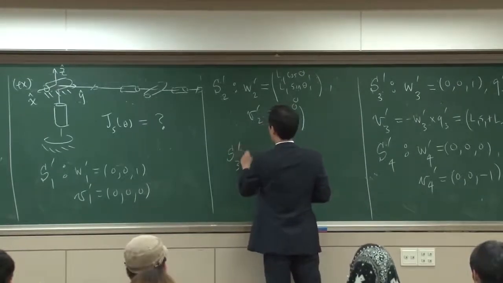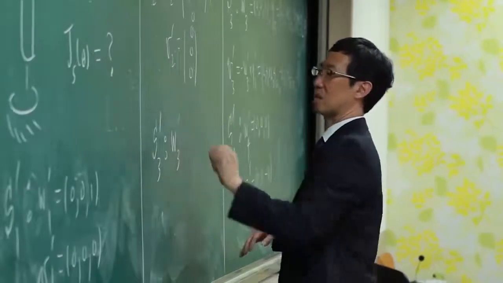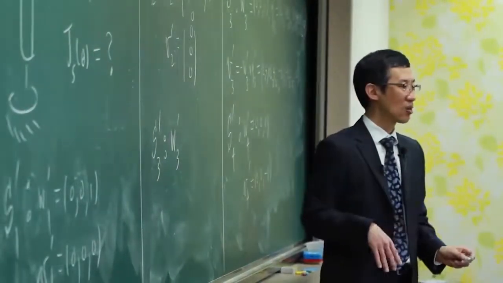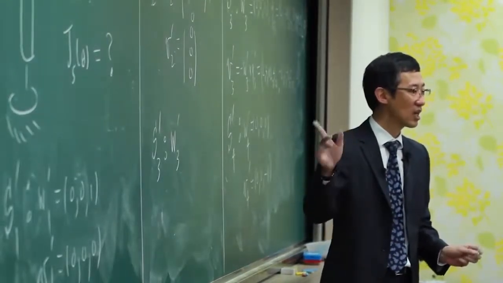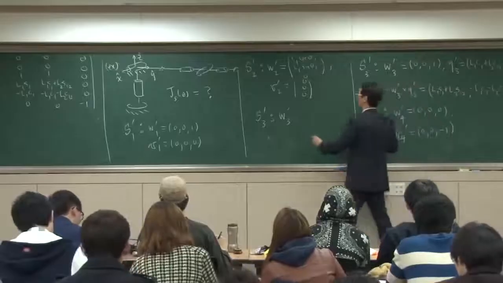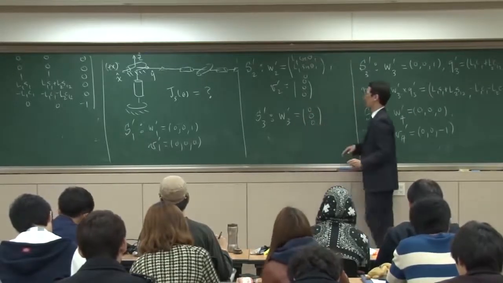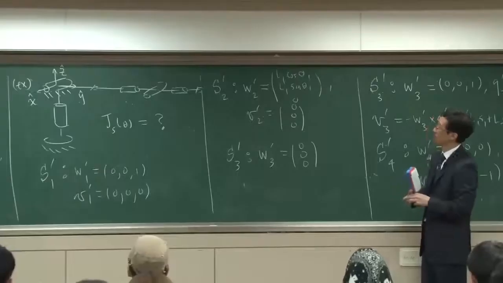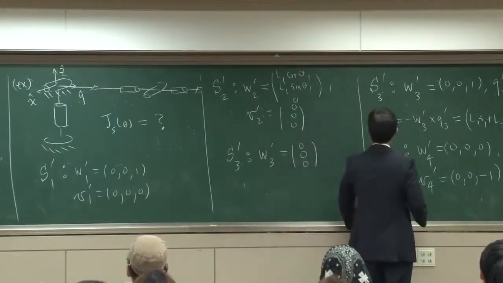Okay, S2 prime. Third column, S3 prime. Okay, what's omega 3 prime? Direction of joint axis 3. Joint axis 3 is a prismatic joint. So this is 0. V3 is what?